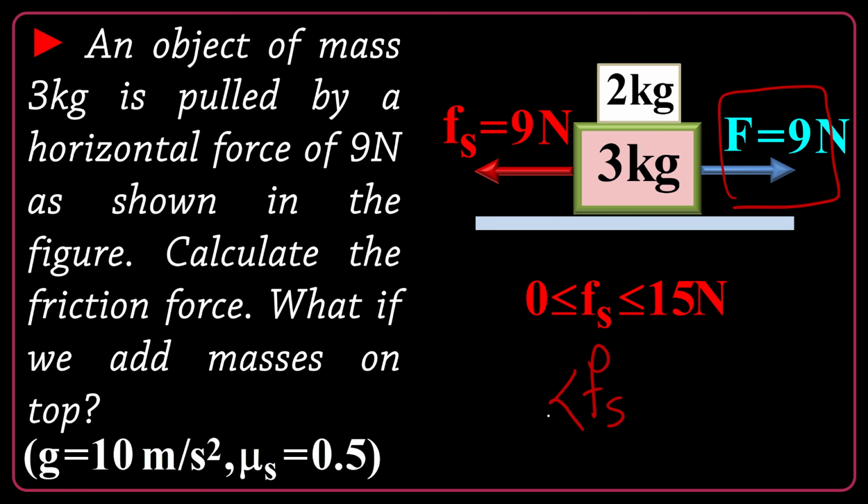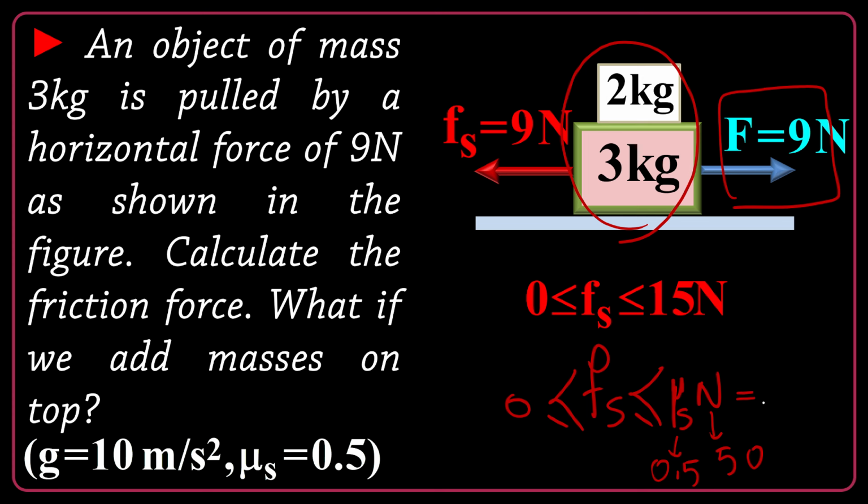Static friction is going to be something between 0 and again mu s times the normal force. But the normal force is different because this package is now 5 kilograms. So the normal force is 50, mg, and mu s is half. So it seems to be 25.